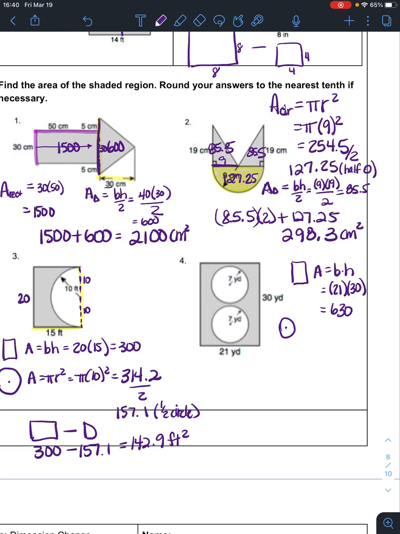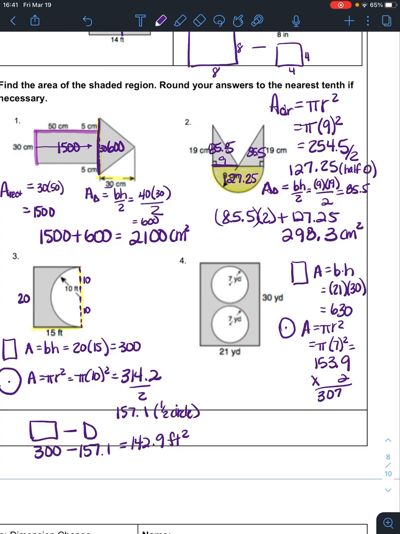Then the area of one of the circles, area is pi r squared. That's on the formula chart. So pi times the radius of the circle squared. So pi times r squared is 153.9. There are 2 of them, so you would multiply that by 2. So 153.9 times 2.